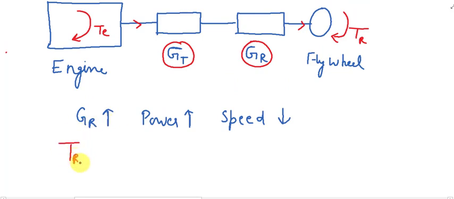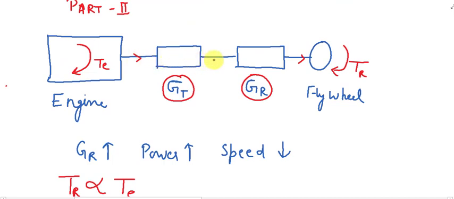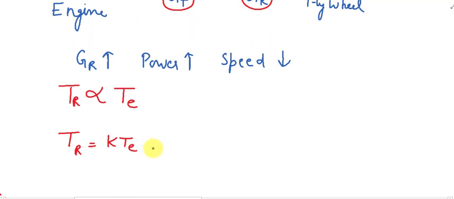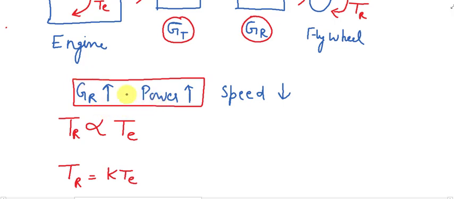So the torque at the rear axle is directly proportional to the torque at the engine. To remove this proportionality, we introduce the overall efficiency while this torque moves from the engine to the flywheel. The two gear ratios will also be included, because from equation first, the gear ratio is directly proportional to your power.